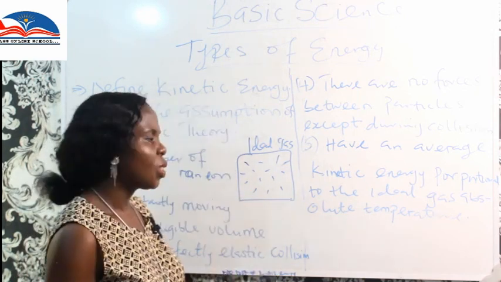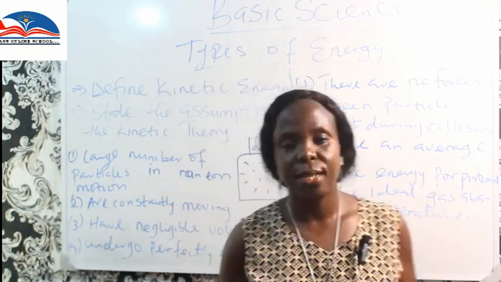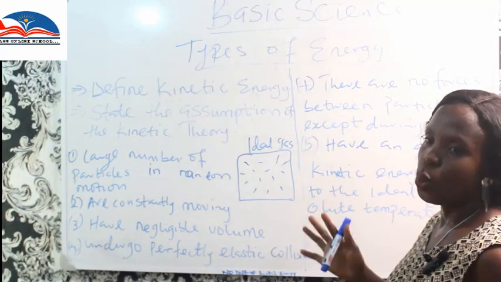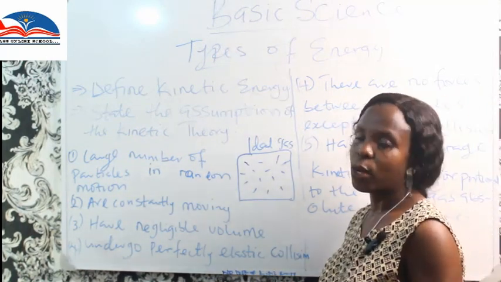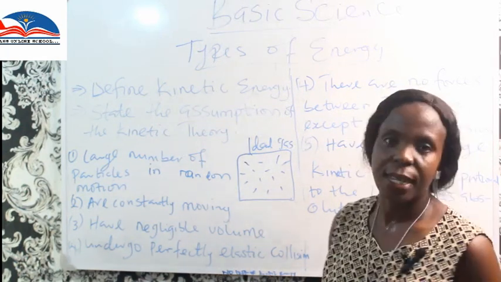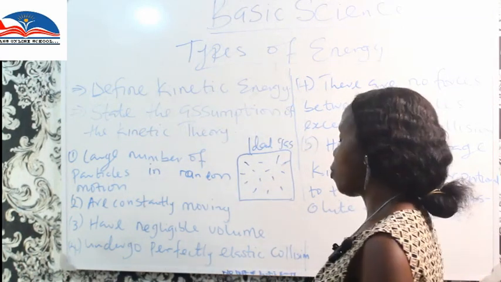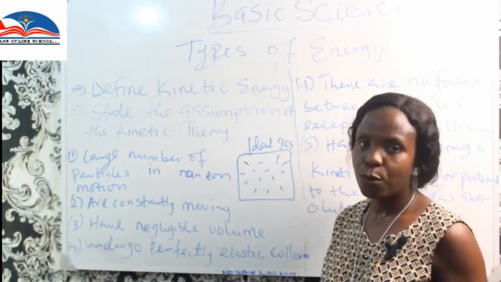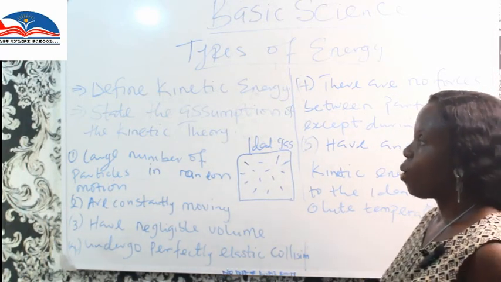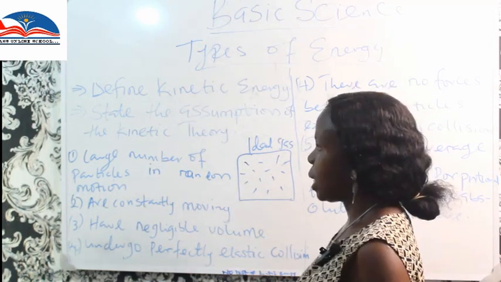So we have seen the different assumptions that go with kinetic theory. And since we are looking at types of energy, we will look at the other different types of energy subsequently. Remember, we have two objectives for the class, and we've been able to meet them. We've told you the meaning of kinetic energy, and we've stated some assumptions of the kinetic theory.